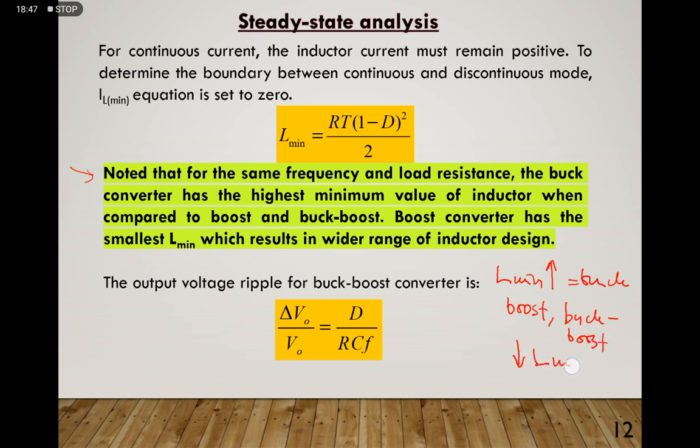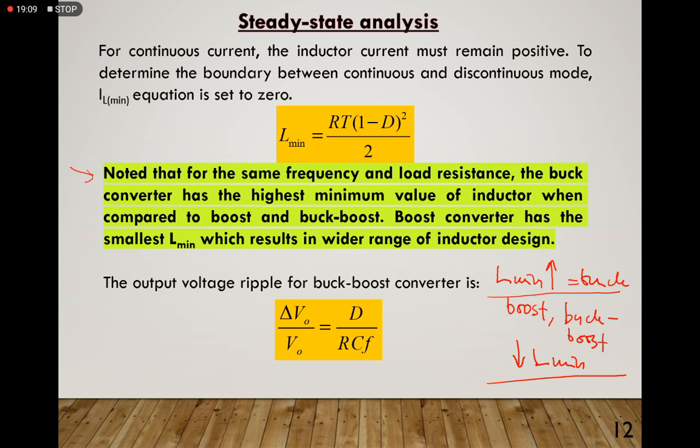So if you have the same parameters, your frequency is the same, your R is the same, and you need to choose among these three converters, what is the best converter that you should select?